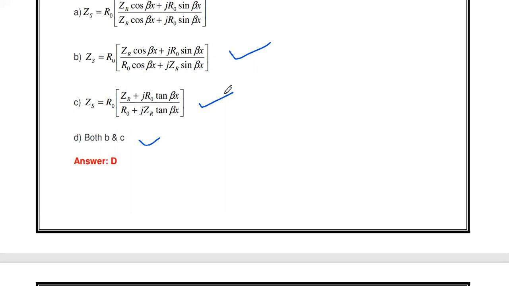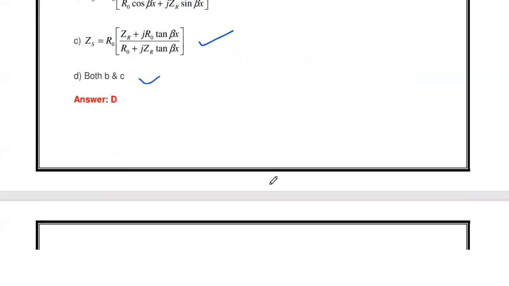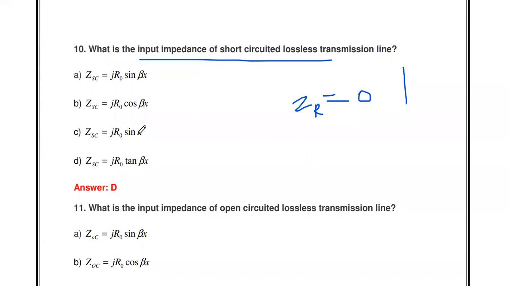So R naught cancels. We will get j tan beta x. So the answer is j R naught tan beta x. This is the short circuited impedance for a dissipationless line, that is, lossless line. Already in unit 1, we discussed the short circuited input impedance of an ordinary transmission line. So this is the formula for a short circuited lossless line. Lossless line means the transmission line has no loss. So this ZSC will come with j.